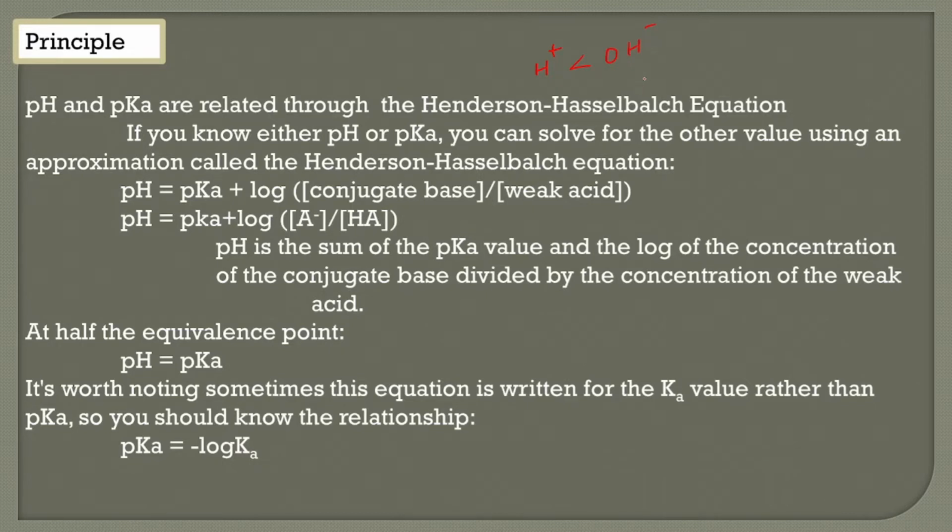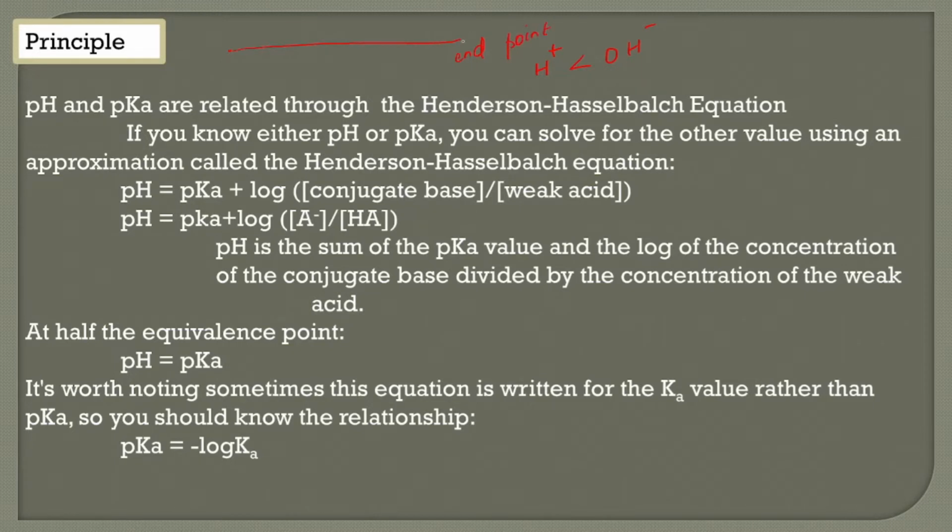It is clear. So from that end point, towards the halfway of the titration. Suppose we start the titration from here, and after adding a particular amount of base to the acid, we will get the end point.